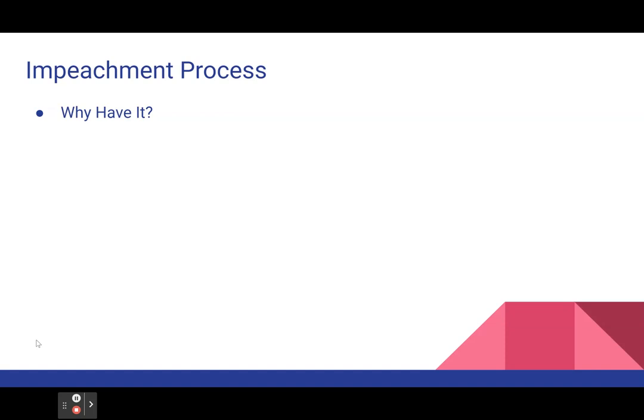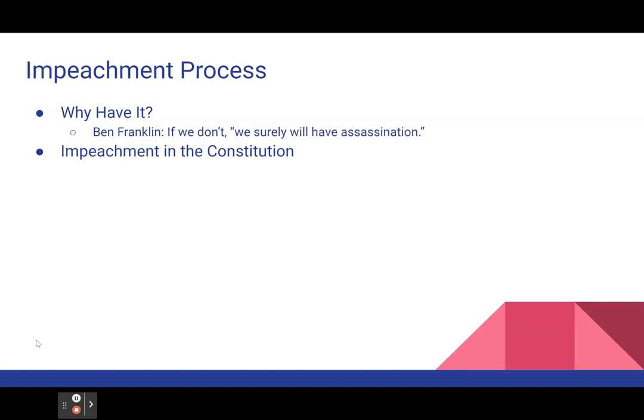So when we talk about where impeachment can be found in the Constitution, if you look at Article 1, that's where it explains who is in charge of the process of impeachment, and that is entirely the responsibility of Congress.